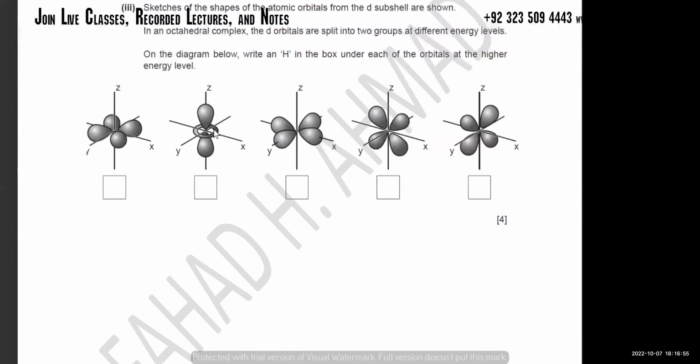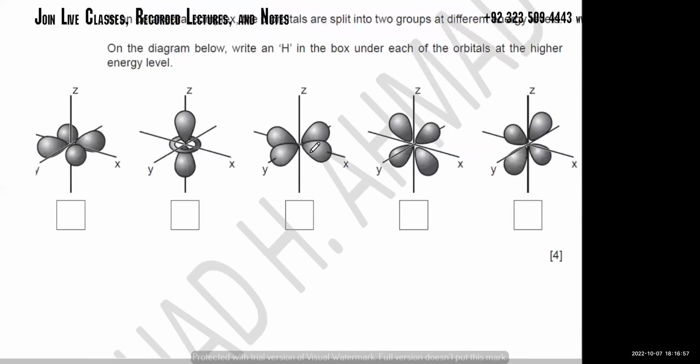So you should be able to identify this. This is electron density lying right on the x and y axis, so that's your dx square minus y square. This over here is your dz square. This one, the electron density lies between the x and y axis, so that's your dxy.